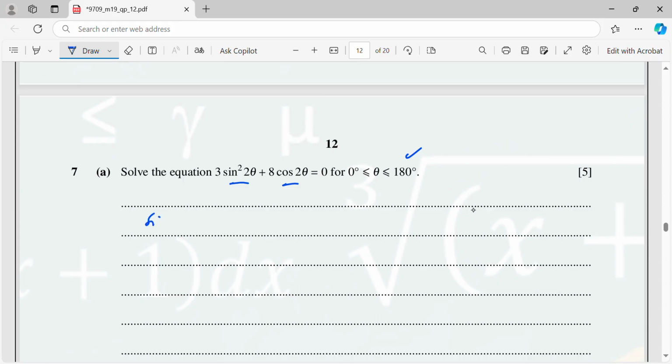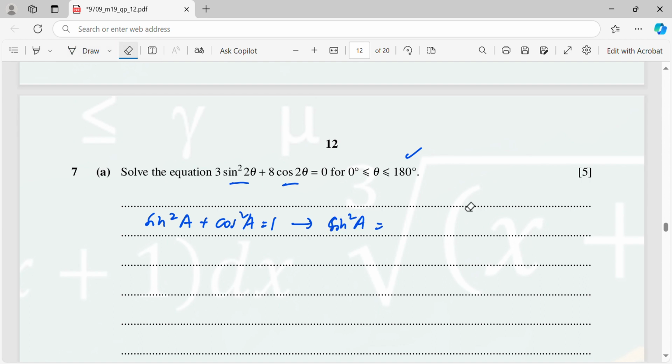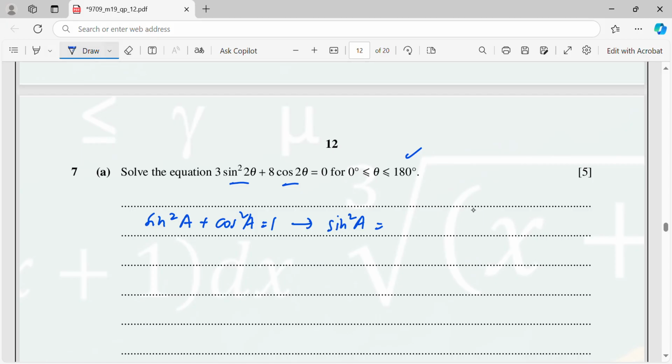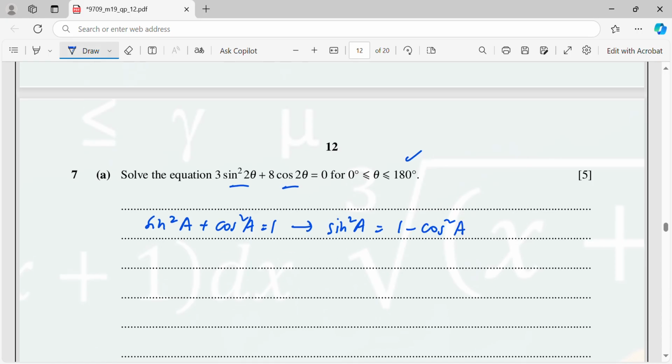So now use the formula sine squared A plus cos squared A equals 1. Therefore, sine squared A equals 1 minus cos squared A. This is the identity. Right, so when you compare, basically my A is 2 theta.